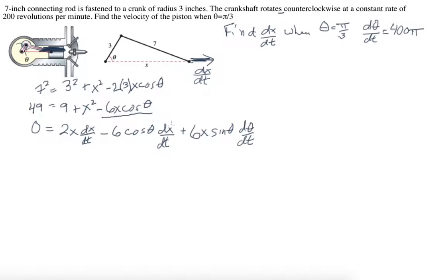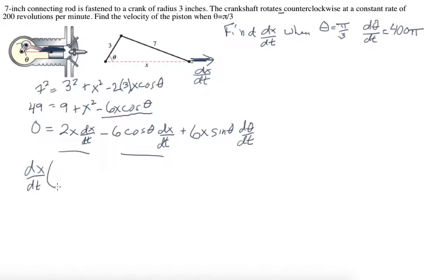Okay, and so now we have our equation. We have dx/dt, we have dθ/dt. We're going to solve the equation to get dx/dt by itself. So to do that, we're going to get everything with dx/dt's onto one side. And so I'm going to skip some steps.